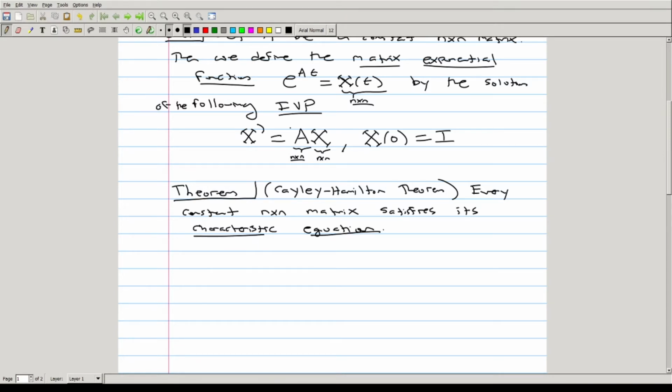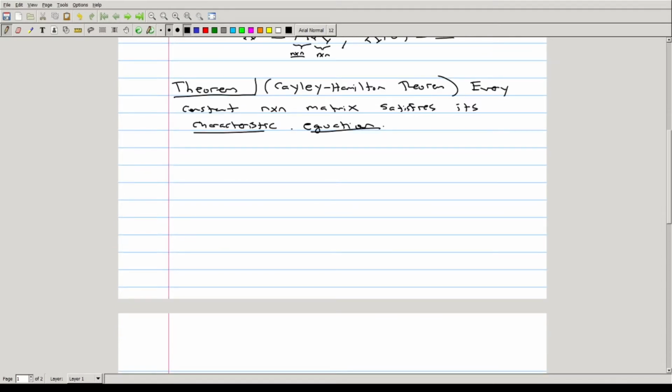And this is a very important idea in the following algorithm that we'll write down. I can give you a reference if you want a reference.